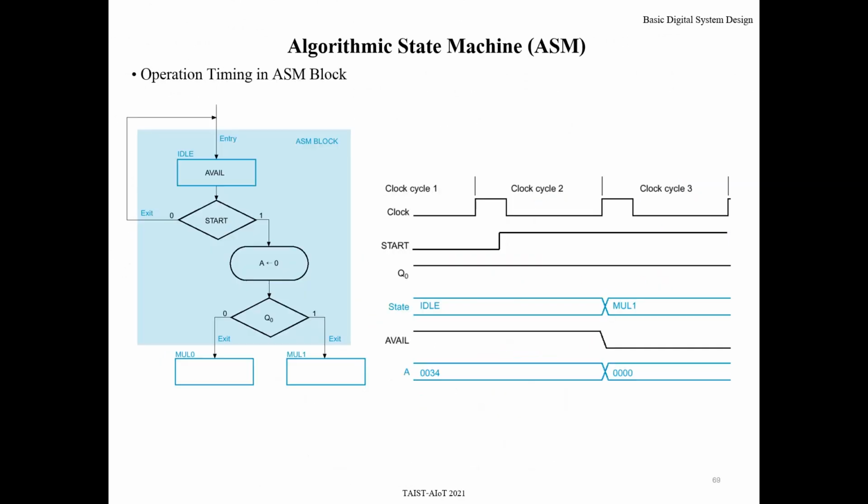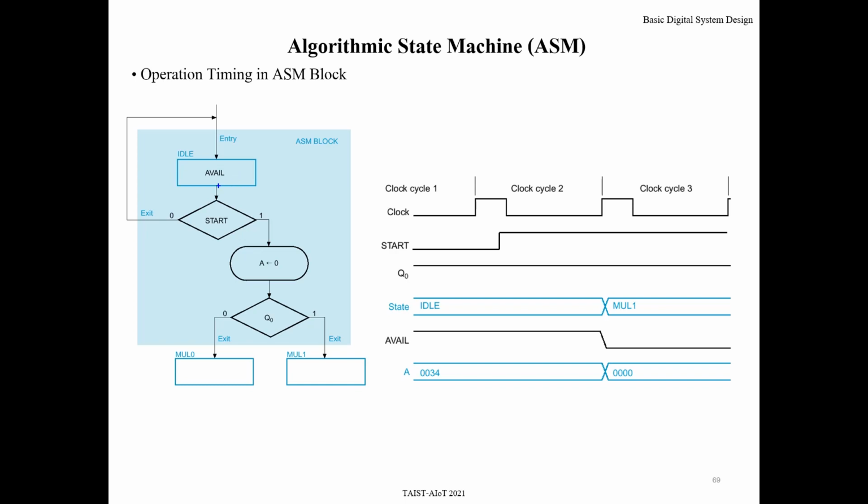Now an example for this one. For the timing, all of this is the same state. Let's say this state is state idle. This is the state name. At this state, the output available is active. For an active output, we write it here, or sometimes you may write it equal to 1 if it's active high.